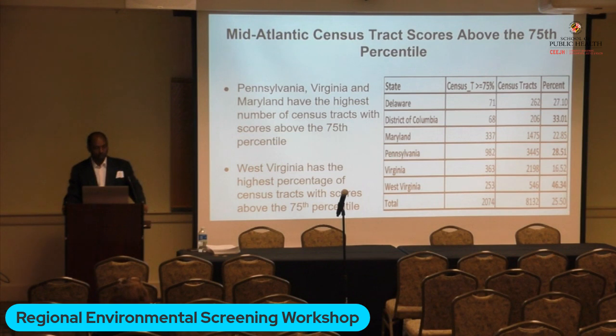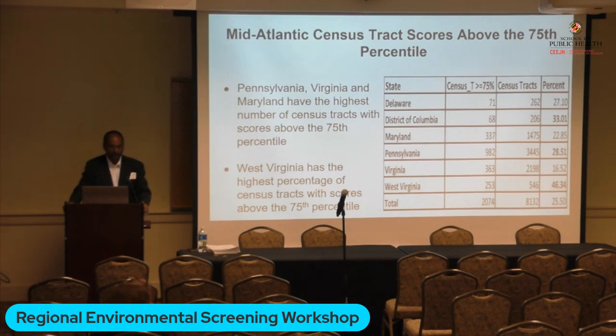In terms of number, Pennsylvania, Virginia, and Maryland have the highest number of census tracts with scores above the 75 percentile.